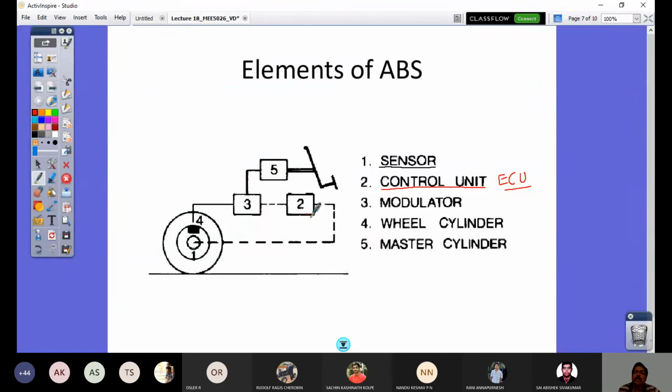There will be a processing module in this control unit, so that it would take this speed, hold it, and process it, meaning it will have some threshold values, and it will compare, and it has to take a decision to send information to this modulator. Right? So the control unit will have a signal processing module, a module for predicting whether the wheels are about to lock. That would be a module present in this control unit.